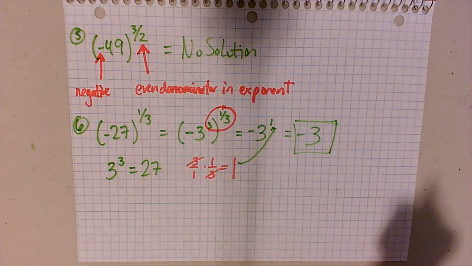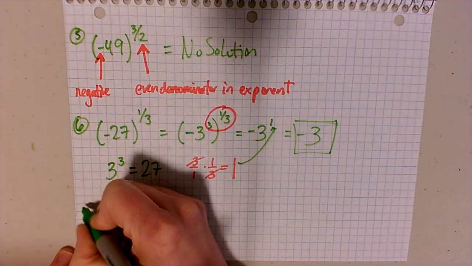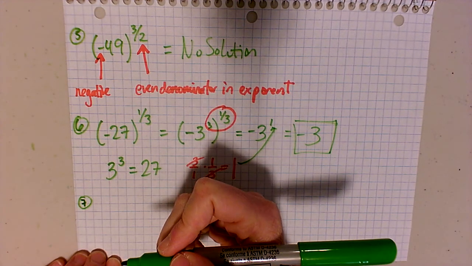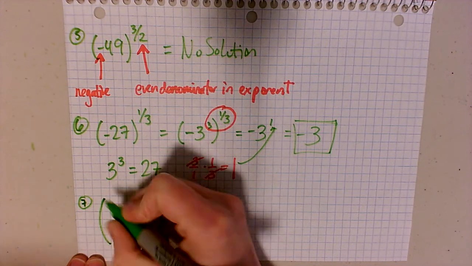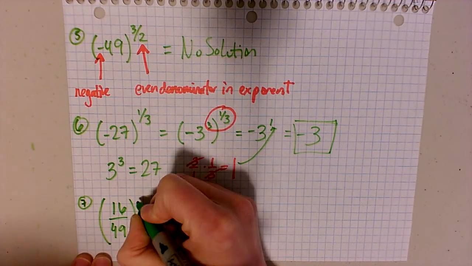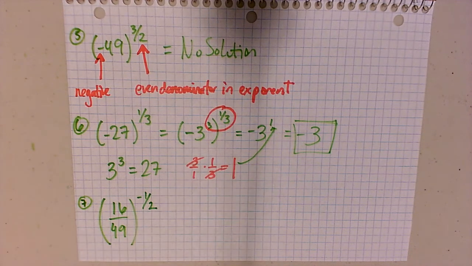Okay? So, when you have the negatives like that, and the denominator of your exponent is odd, your answer becomes negative. Alright, and then number 7 throws something at us with fractions. So, for number 7, I have 16 over 49 raised to the negative 1/2. Okay, so we said that if you have a negative exponent, then that means you have to take your whole base and put it under your denominator.